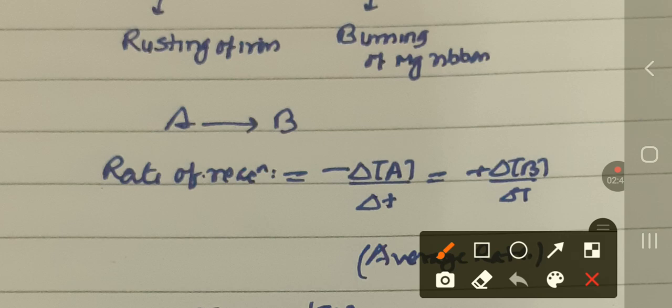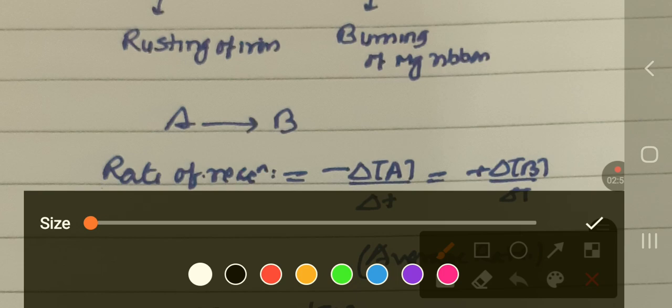And this is for large change, and that's why it is known as average rate of reaction.